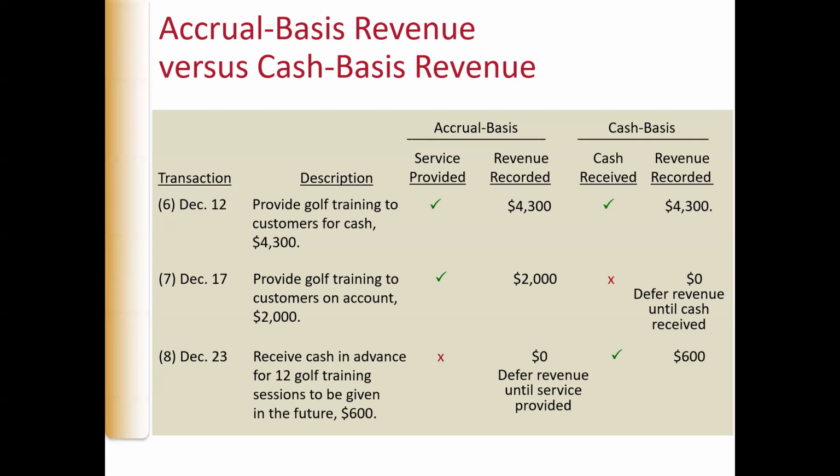Anyone? The services haven't been provided. The services haven't happened yet. But do you guys see under the cash basis of accounting, we're going to record it, even though we didn't perform the service? That's not the parameter. Under the cash basis of accounting, the parameter is, did you get the cash? Make sense?